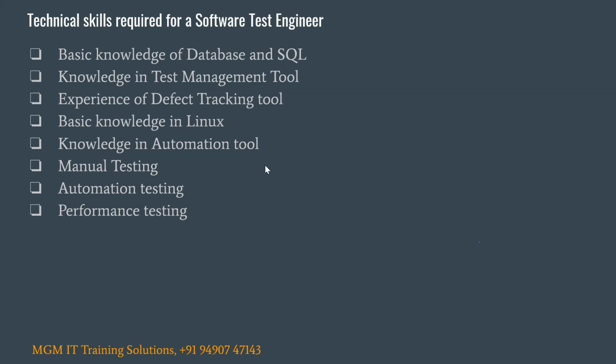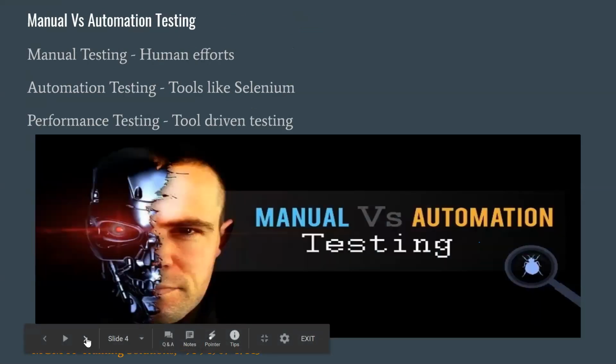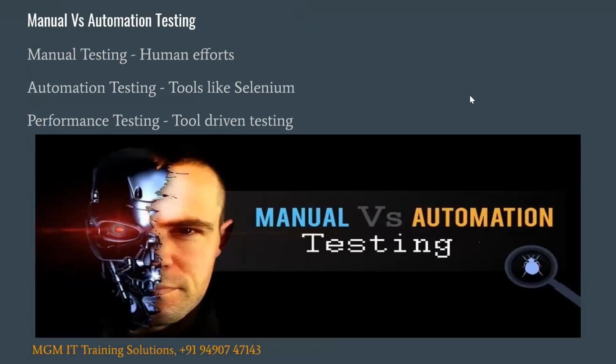Knowledge of automation tools is for those who want to become an automation engineer or performance engineer. As I said, we have three types: manual testing, automation testing, and performance. Before the course, let me explain the difference between manual and automation testing.